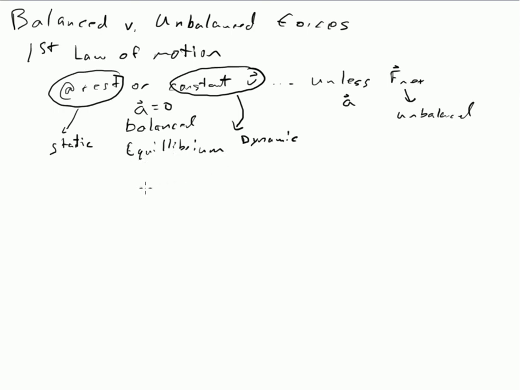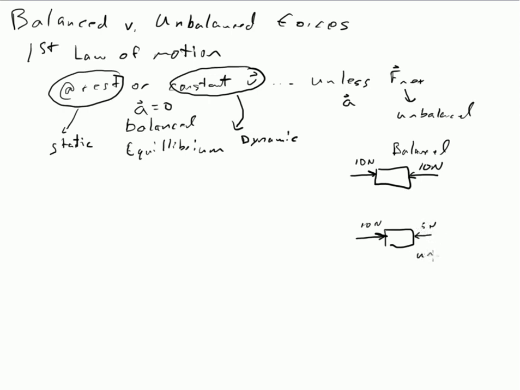So in some of the examples you might look at with Newton's first law of motion, you might have something drawn out for you. Here's an object and I've got a force of 10 newtons pushing this way and say another 10 newtons pushing that way. We'd say that's balanced. And you might have another situation where we have that same 10 newtons pushing this way, but now maybe we only have 5 newtons pushing that way.